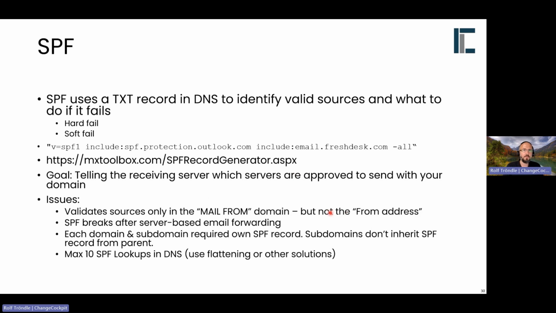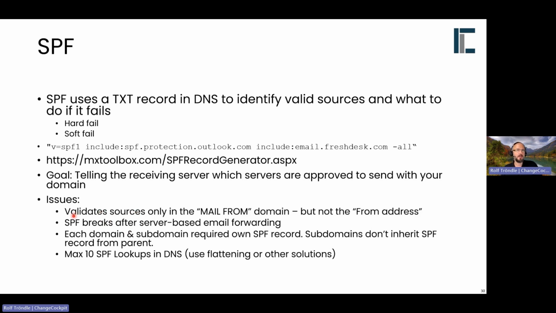That's quite an issue. And SPF breaks if you have server-based email forwarding, if you don't configure it correctly anyway. If you have, let's say, your MX record still pointing to on-premises and you do mail hygiene on-premises, and then the emails will be sent to Exchange Online, then the SPF would break if you don't configure it correctly to skip the SPF using enhanced filtering for connectors in Exchange Online.